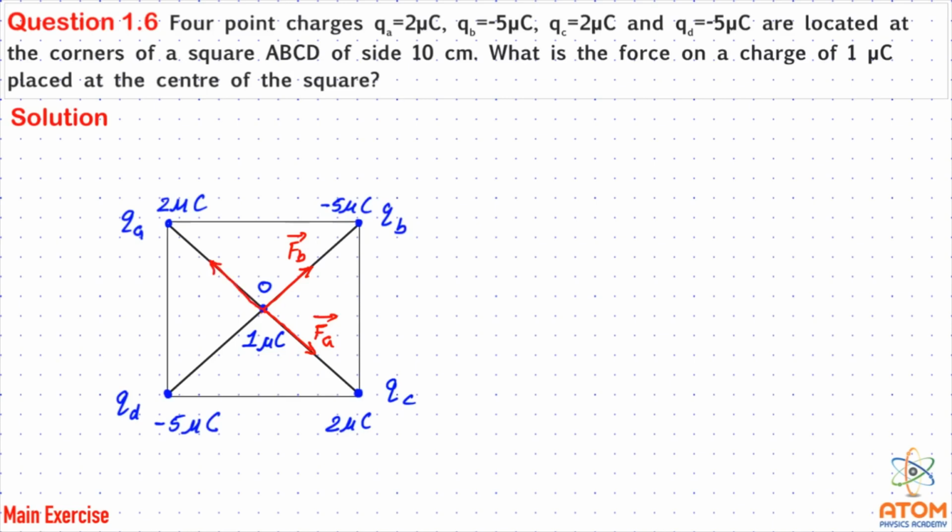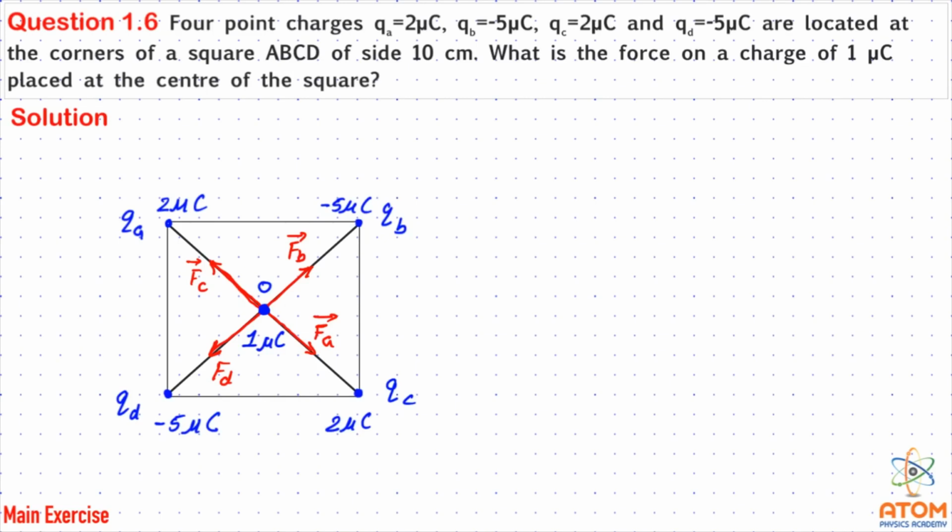So I'll draw here, this is the repulsive force, and let me name it FC. And this minus 5 microcoulomb will obviously attract it towards itself, so it is FD. So this is the condition. These are the forces applied on this 1 microcoulomb charge.